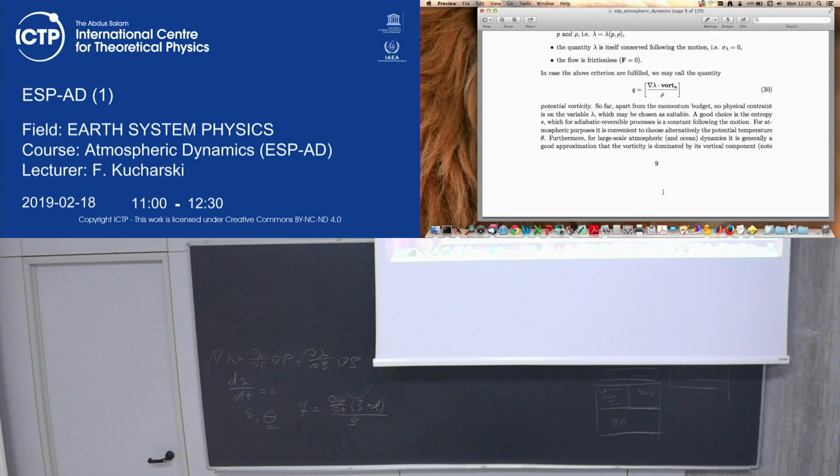Because it turns out that our absolute vorticity vector is mainly governed by that component. And also, the vertical gradient of potential temperature is much larger than its horizontal gradients. So the two components are actually maximized for this vertical component. But no, this is an approximation. We don't necessarily have to do this.